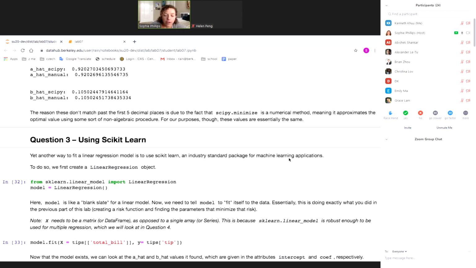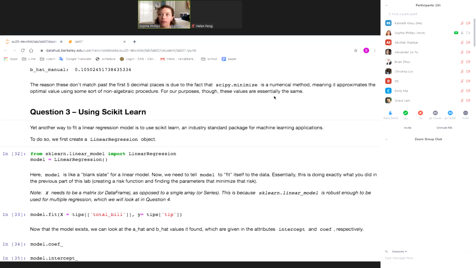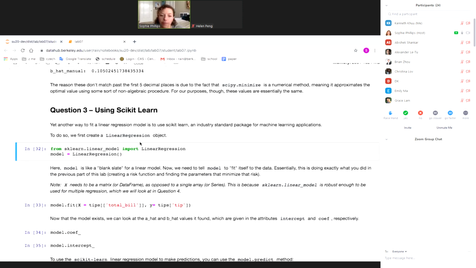So now let's try that same approach, fitting an intercept and slope and optimizing this, but instead use scikit-learn. Scikit-learn is a really powerful machine learning library for Python. The way you generally initialize it is you import, from one of the packages in scikit-learn, some object, which in our case is a linear regression object.